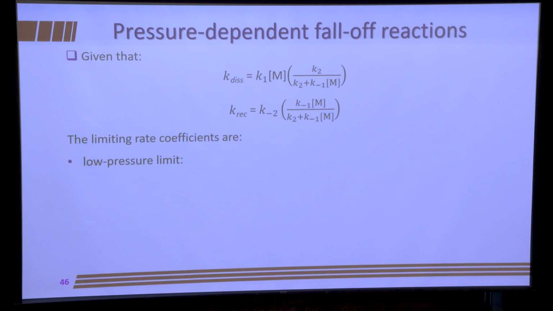The limiting rate coefficients are the low pressure limit. So the limit when M goes to 0 for dissociation is equal to the rate constant for reaction 1 times the concentration of M. Okay?